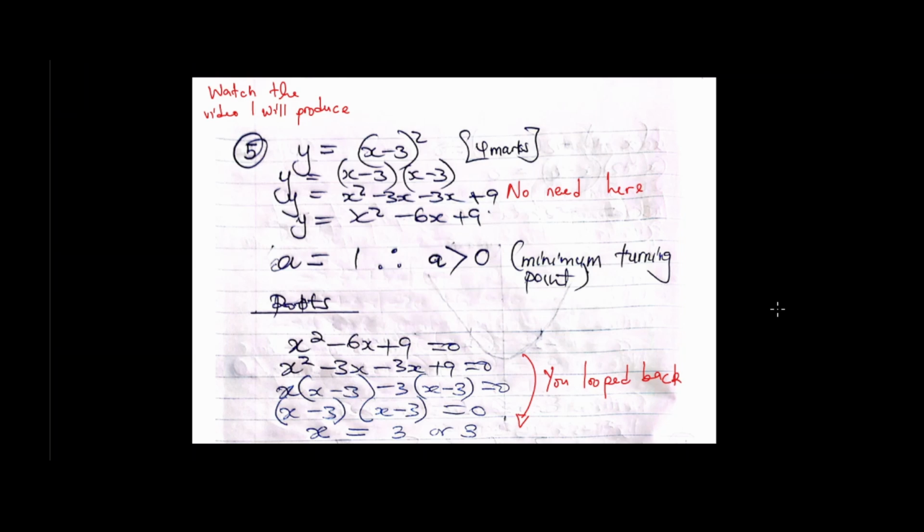There is absolutely no need of doing this, because the student expanded x minus 3 squared, but by expanding, the student went back to the roots x equals 3 or 3, which is why I said you looped back. When you are given y is equal to x minus 3 squared, know that it is already factorized. So you simply write y is equal to x minus 3, x minus 3. It is important to say let y be equal to 0 to justify the 0 you use here. So here you looped back because you expanded and then factorized again, though it was already factorized.